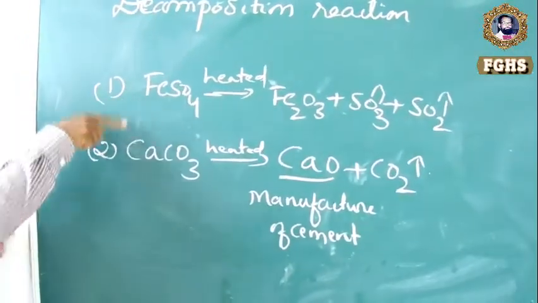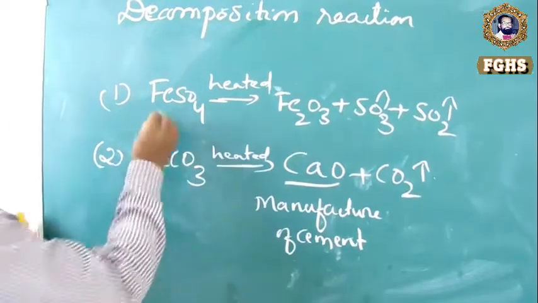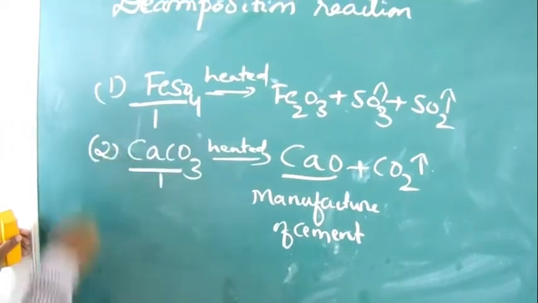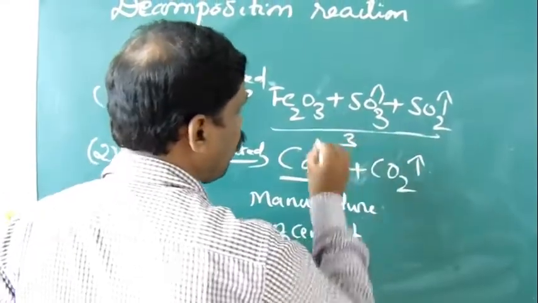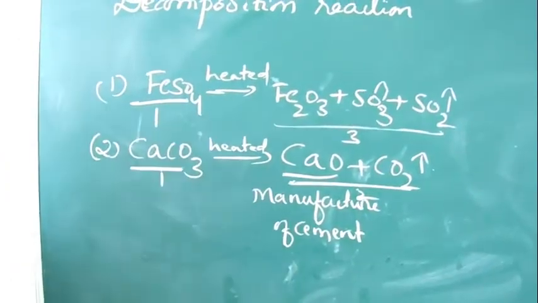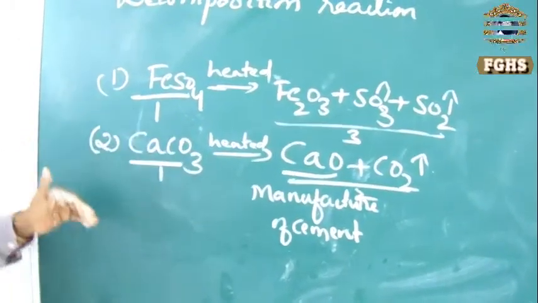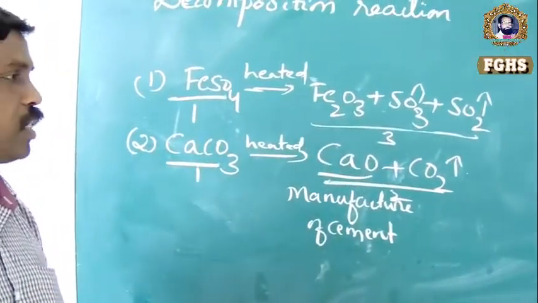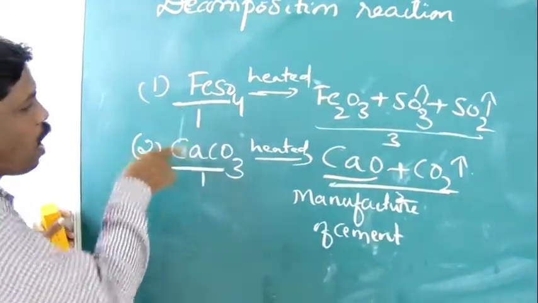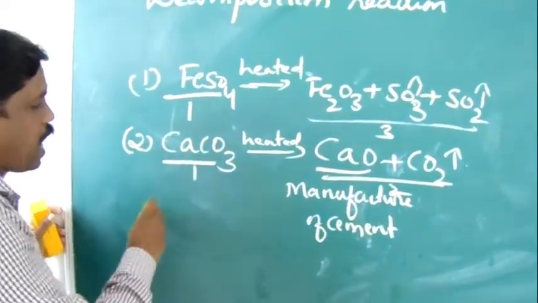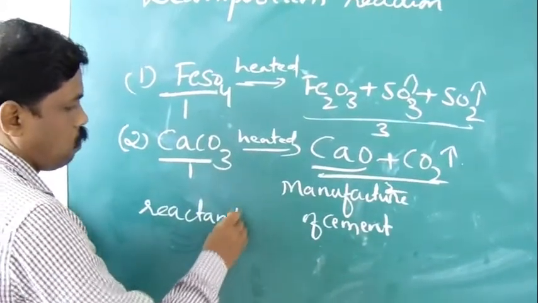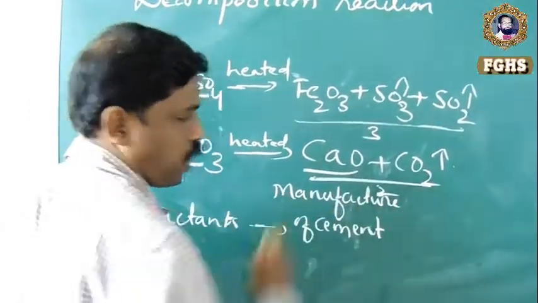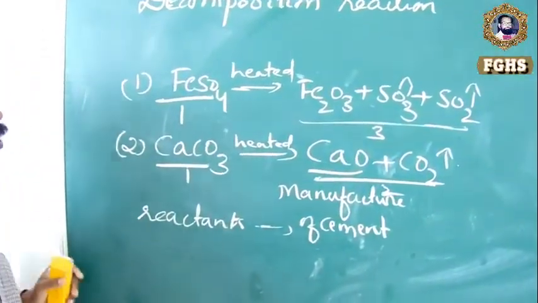See here, if you observe these two equations, reactant is 1, but products are 3 or 2. From this we can understand that decomposition reaction is exactly opposite to combination reaction. Only one reactant will be on the reactant side. In the product side, you can see 3 products here, 2 products here.